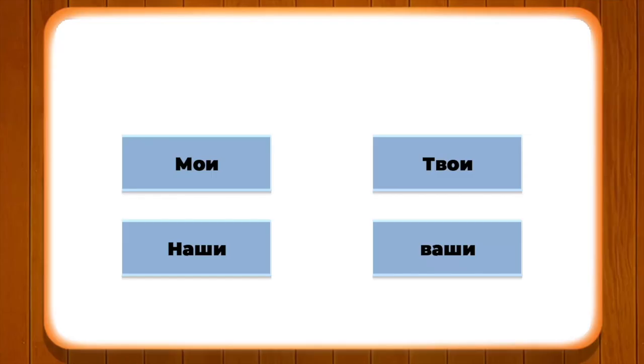For example, if you have a noun like brother, you will use moy brat. Alright, and when you are changing into plural, you have moi. So you will say moi bratya. If you have a noun of feminine gender, for example podruga, you will say moya podruga, but if you are changing into plural, it would be moi podrugi.